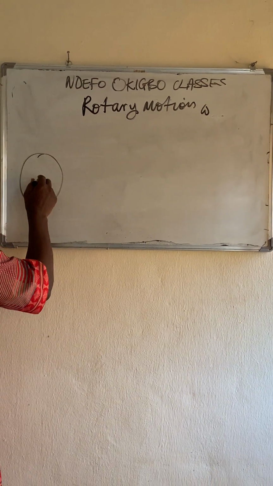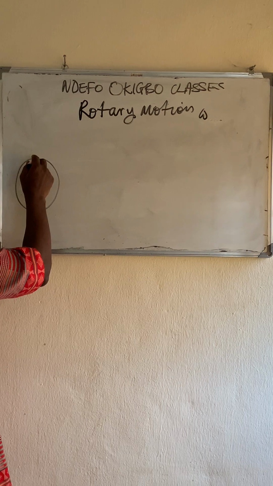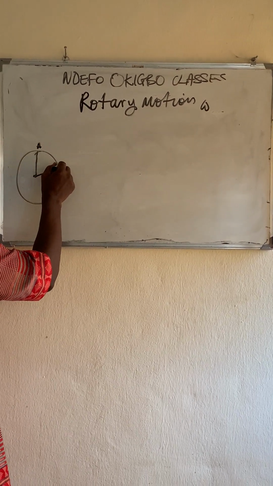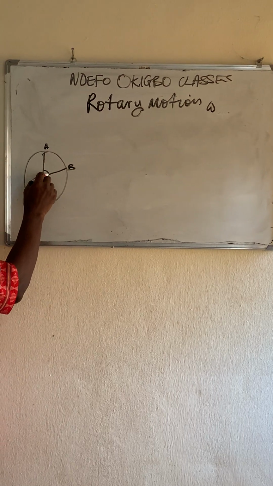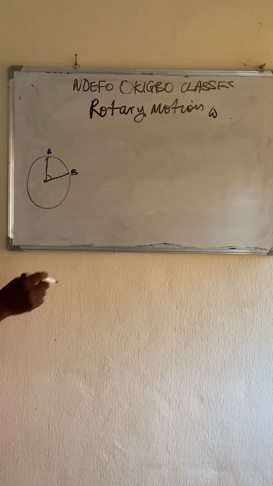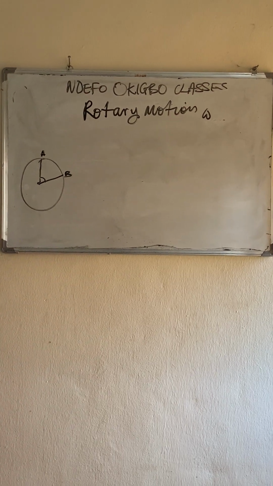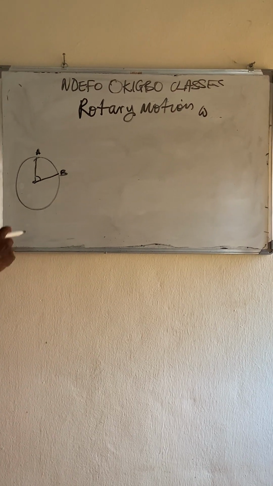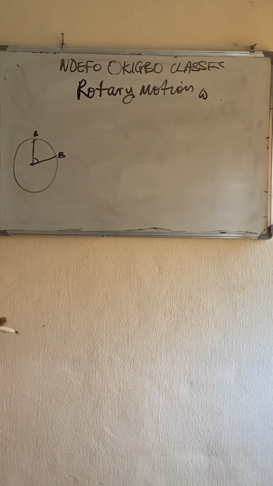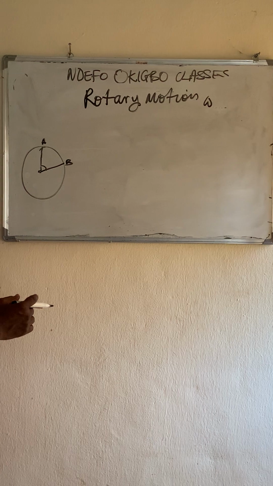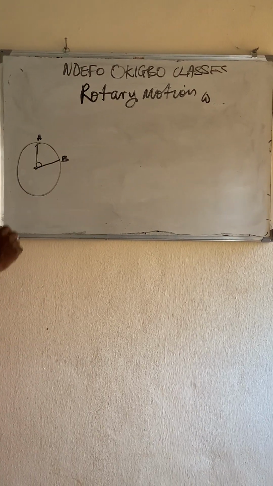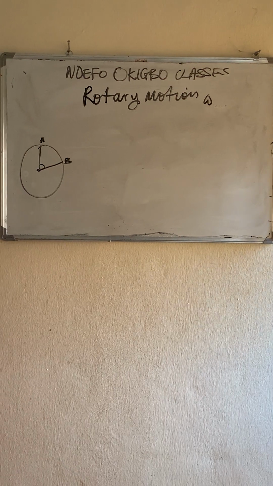The motion is round. And as such, if we start from point A and we're in point B here, we have covered an angle. So we measure the motion in angles, that is in degree, in radian as an angular measurement, and the revolution, because when we finish one full circular motion, we have said that it has done one revolution.